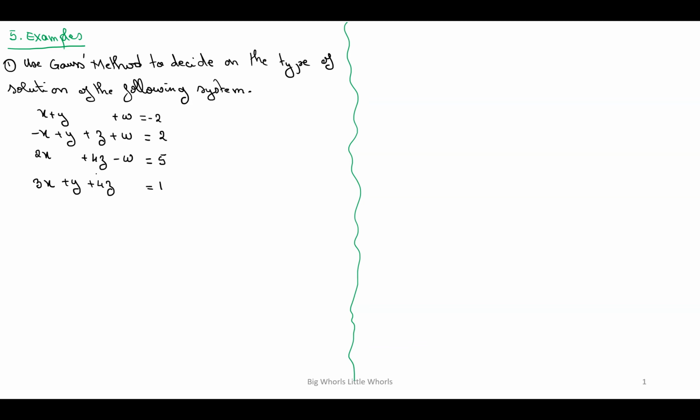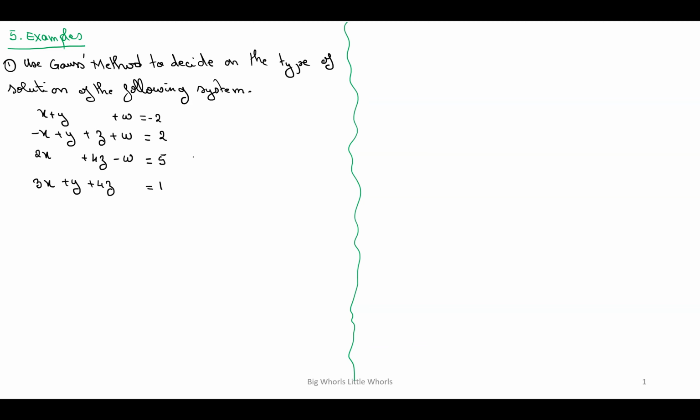Okay, and we are asked to decide on the type of the solution set. Previously we have seen the 3 types. So basically they are asking us to say whether this linear system of equations has no solution, a unique solution, or infinitely many solutions. For the moment in this tutorial, we are not going to write the solution set of the system.